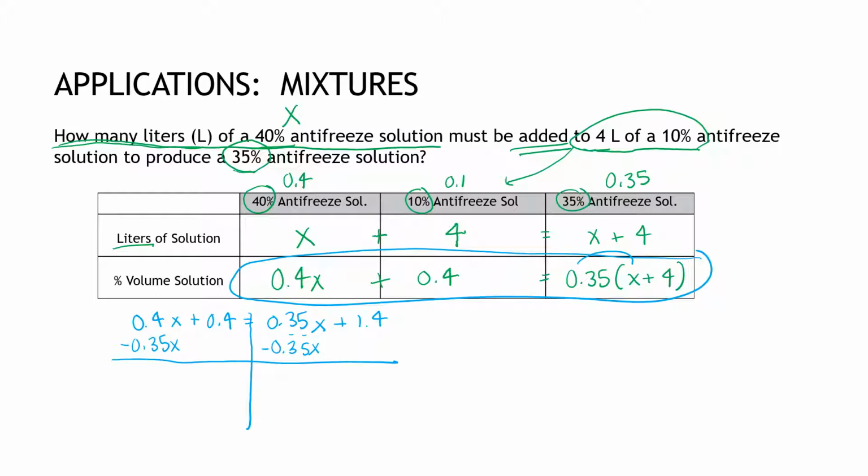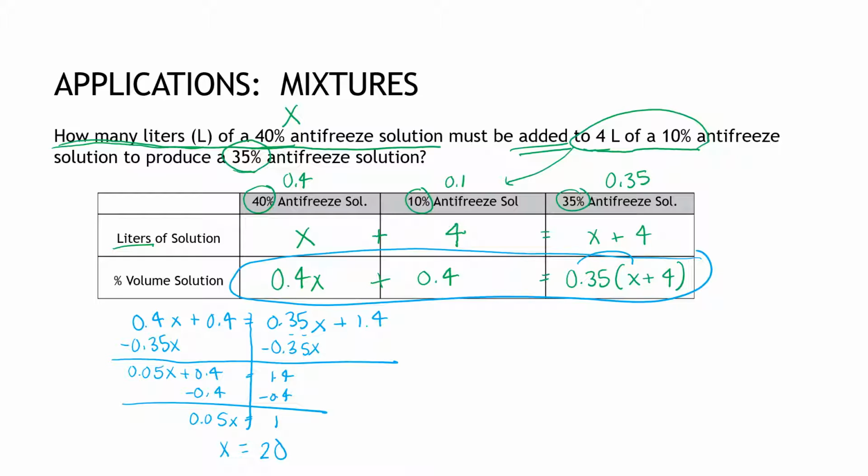I'm going to subtract 0.35x from each side. On the left side, I get 0.05x. Then I'm going to subtract 0.4 from each side, so I get 0.05x equals 1. Then I'm going to take 1 divided by 0.05, and I get 20.